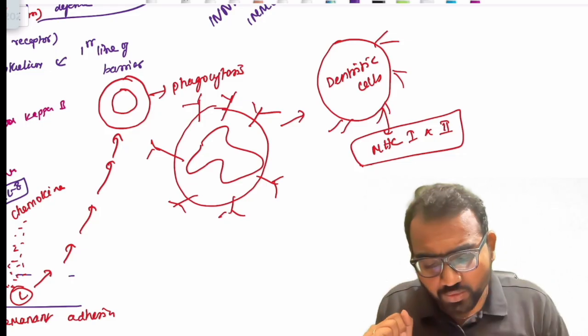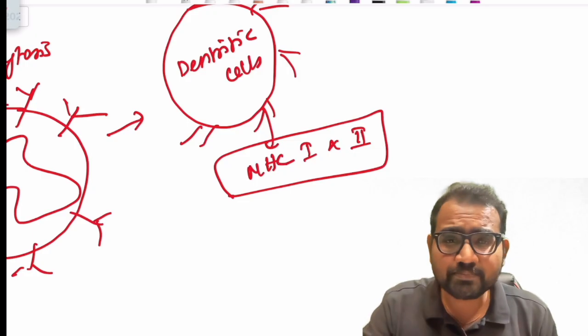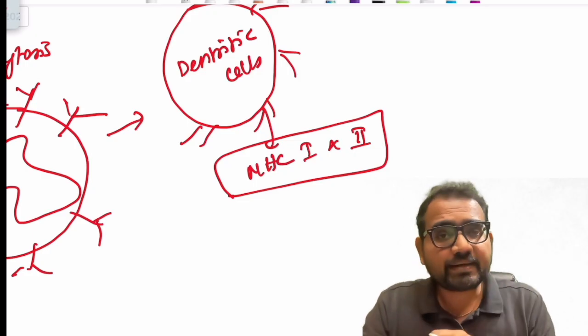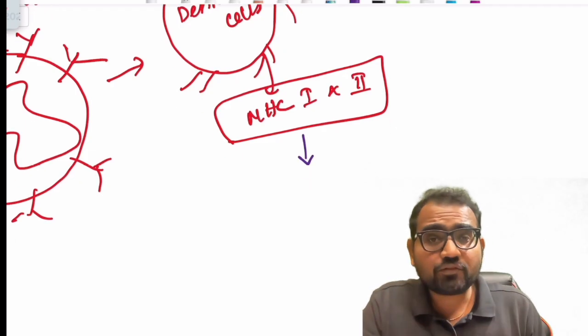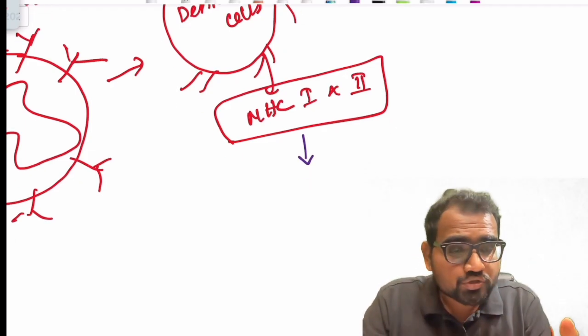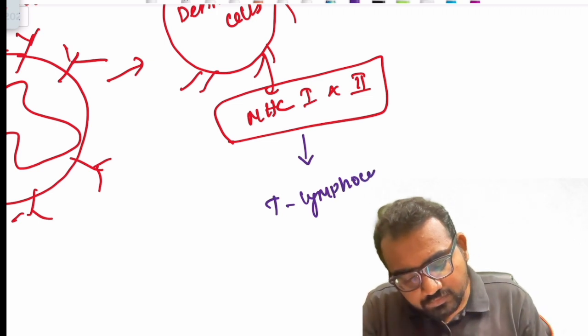Okay. Now what happens? The expression of these fragments, in simple terms antigens, by the dendritic cells results in activation of the adaptive immune response. So this will be taken up by the T lymphocytes.